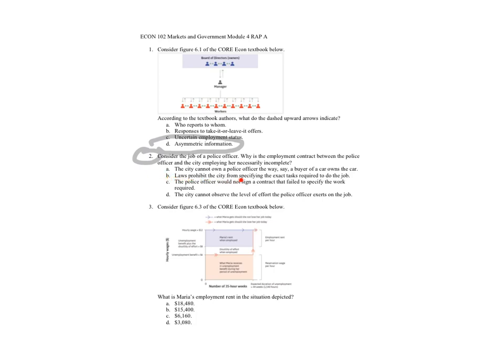Laws prohibit the city from specifying the exact tasks required to do the job? No, that's somewhat of an absurd distractor. C, the police officer would not sign a contract that failed to specify the work required. Actually, that's not bad advice, but plenty of people sign contracts all the time that don't specify the work required.